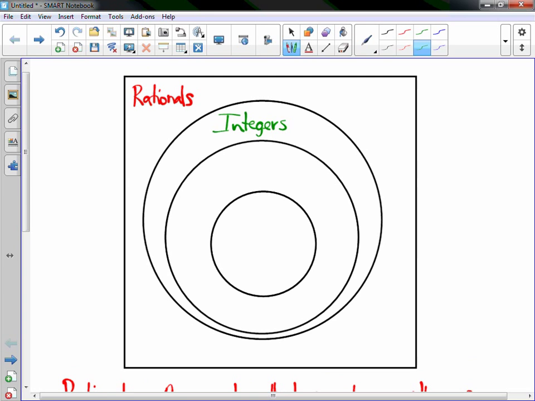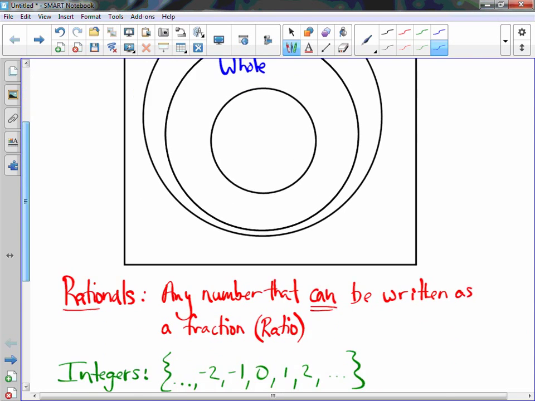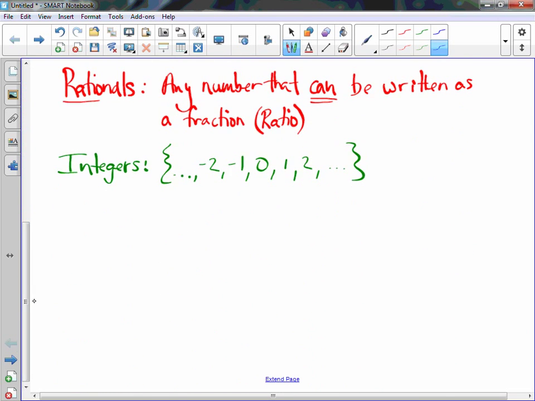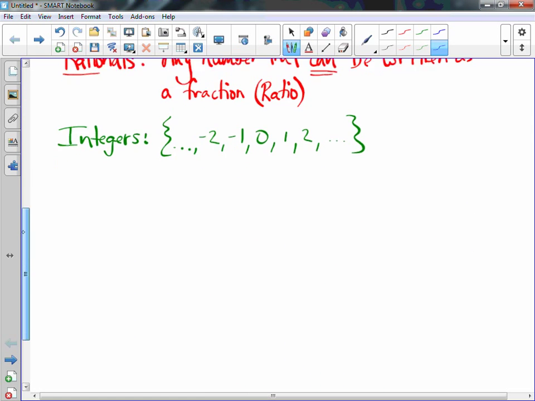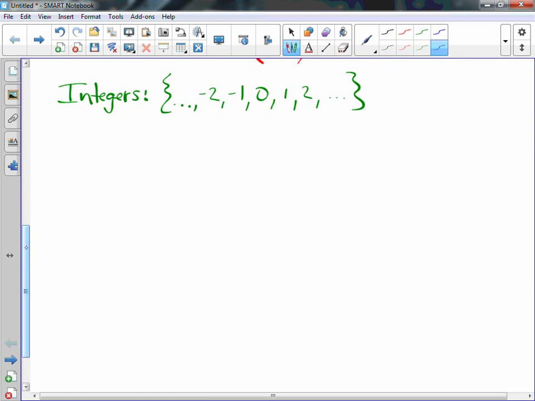The next biggest set in there is the set of whole numbers. Very similar to the integers, just a little bit smaller set. Actually, every one of the whole numbers is an integer.